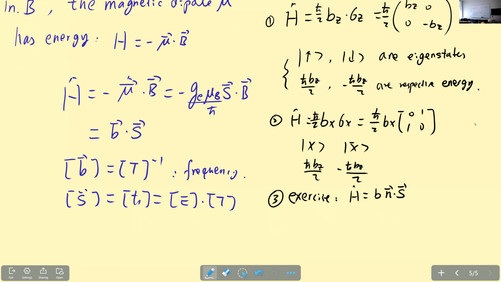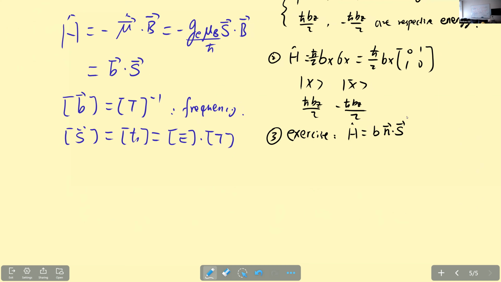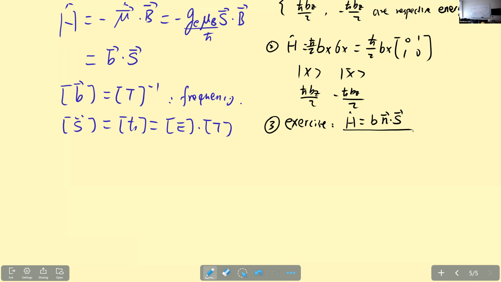Right. So you find this one, and then actually you get two states. One state is m, another state is minus m. Okay, and the eigenvalues will be h bar b over 2 and minus h bar b over 2. That's the minus sign. Okay, so you can check this for yourself.